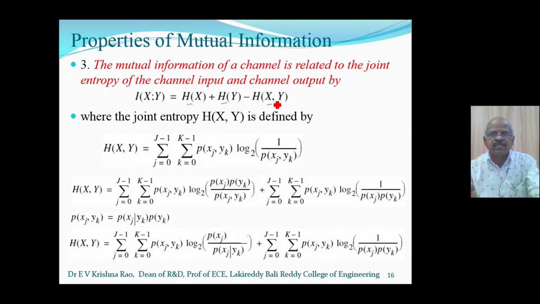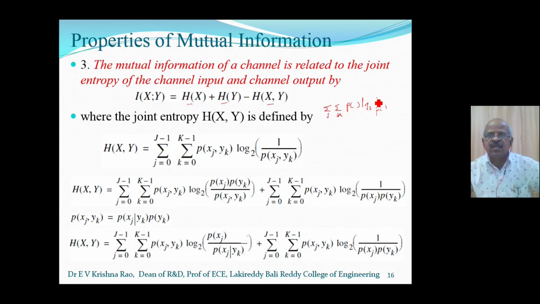So here, if you take the joint entropy H, the definition of the average information, that is entropy, is the sum of probability times the logarithm base 2 of 1 by probability. That is where the joint probability of x comma y comes in. You will have two summations over j and k.